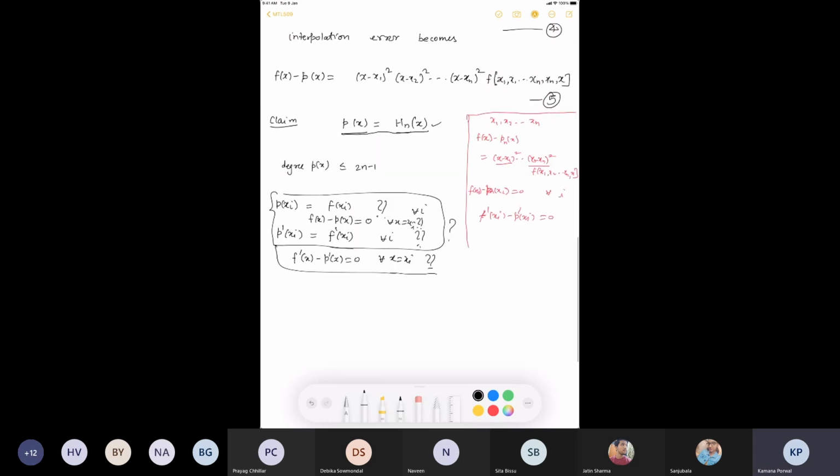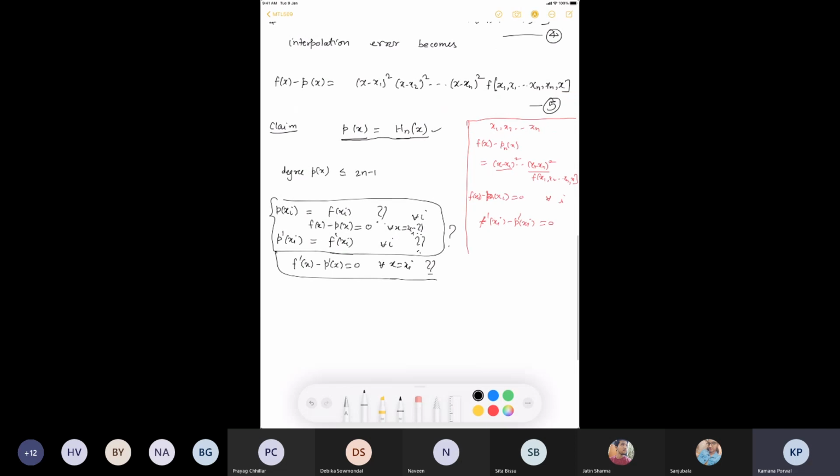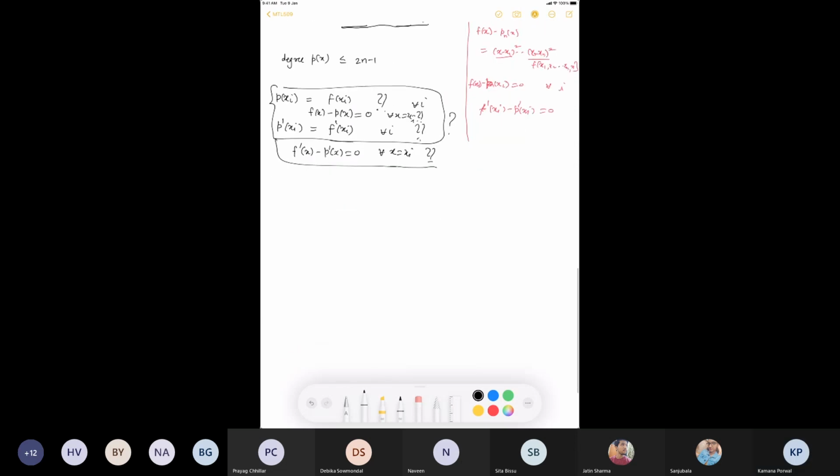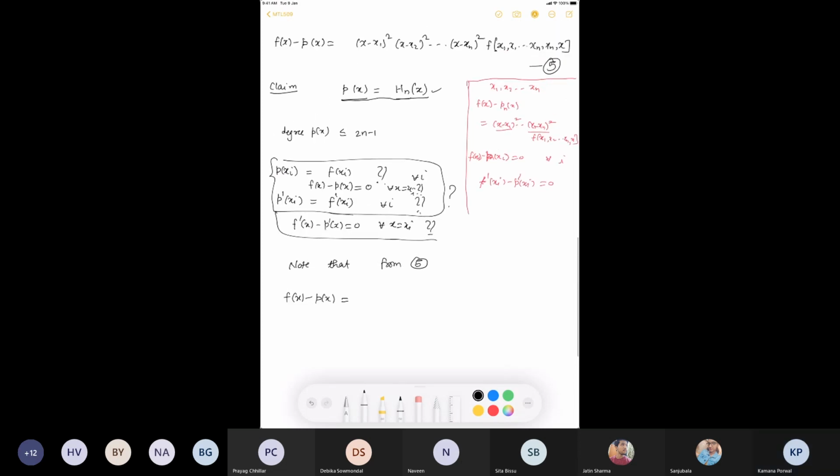So we already have the interpolation error, which is given by equation 5. We have f(x) minus p(x) equals (x minus x1) square, (x minus x2) square up to (x minus xn) square times the divided difference of f with these arguments.